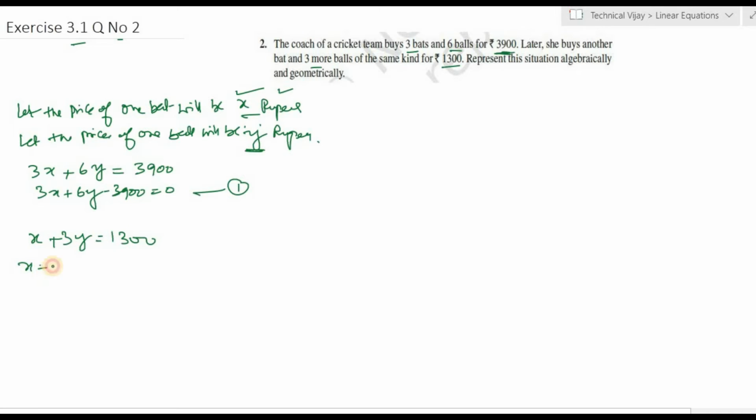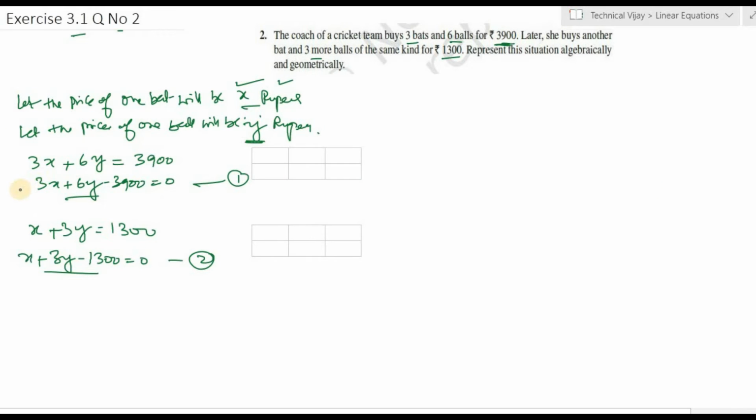Okay, so x plus 3y minus 1,300 equal to 0. This is the second equation. So here same thing, we have to substitute one value in the equation and get the other value, and in the same way for the second equation also we have to do it. So here we will consider 2 tables.